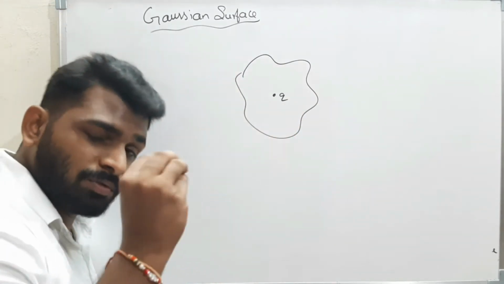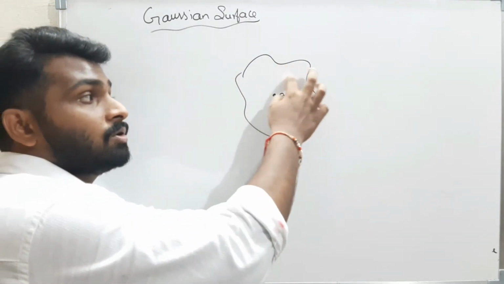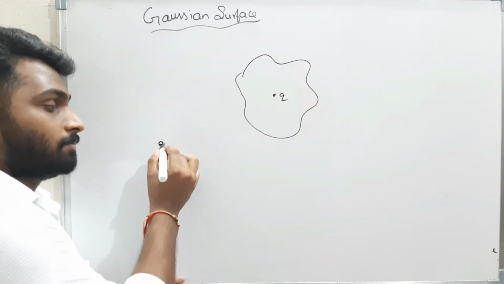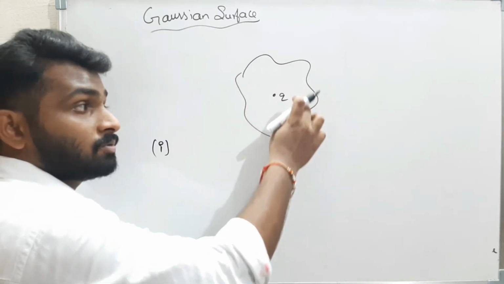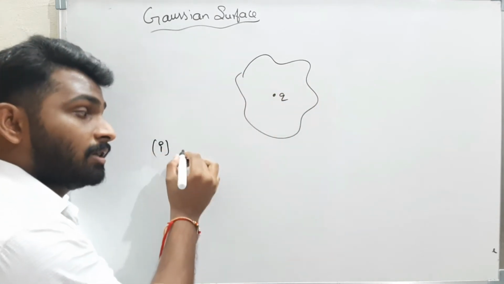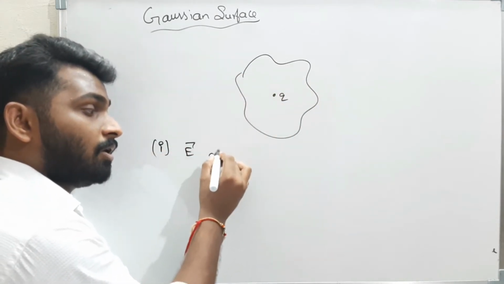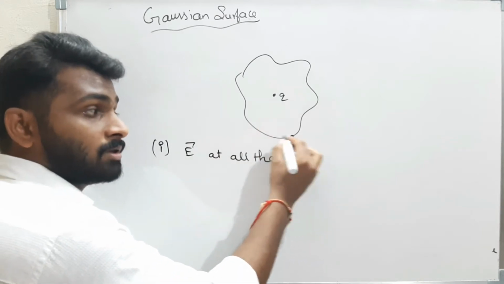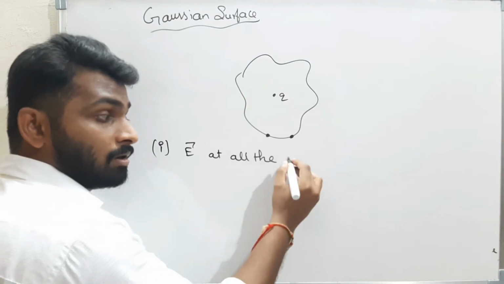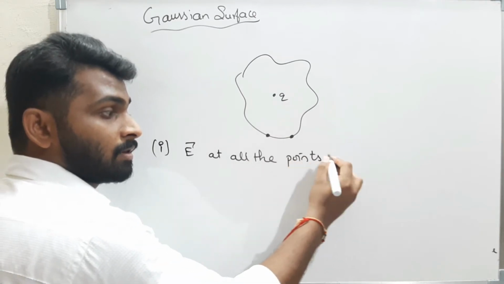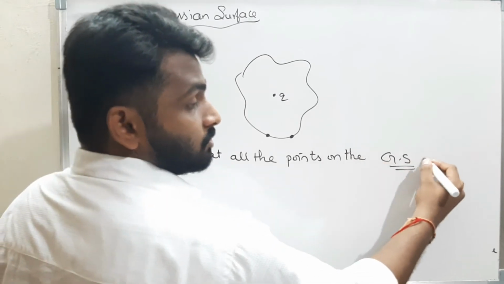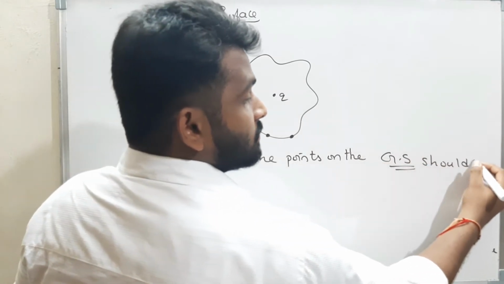To solve the problems very easily, we have to take the Gaussian surface by following some particular rules. What are those? First one, the Gaussian surface should be chosen in such a way that the electric field intensity at all the points on the Gaussian surface should be the same.